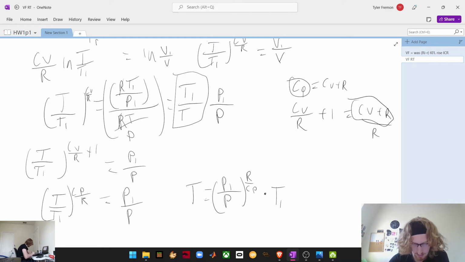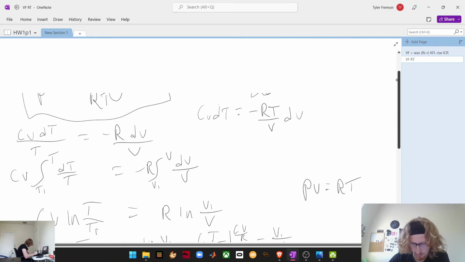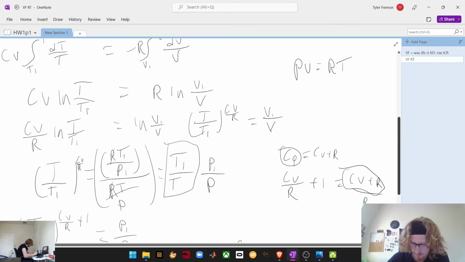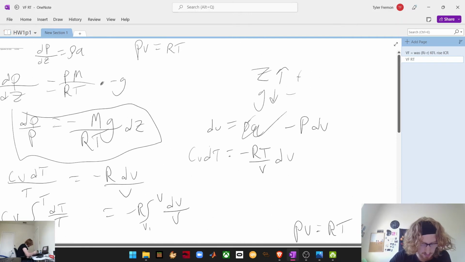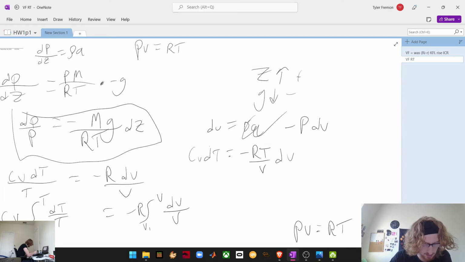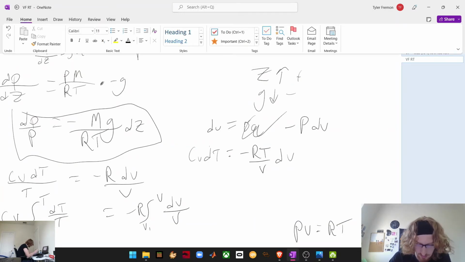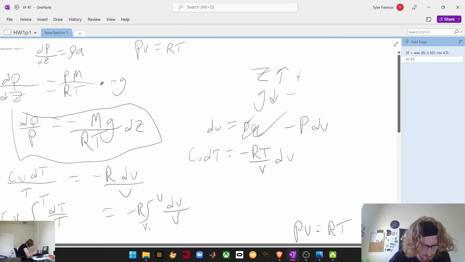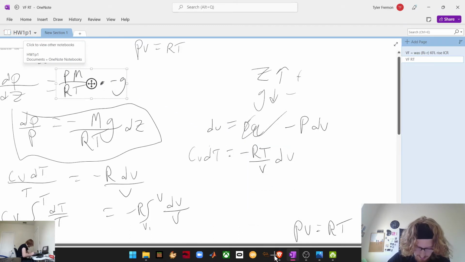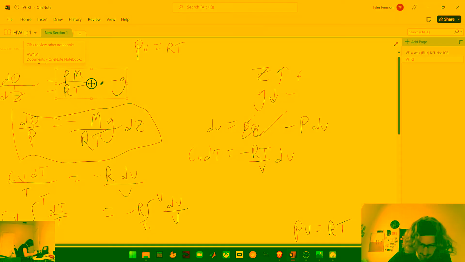And then from here, we can start substituting using our equation from above, right here. Let me go ahead and lasso that if I can find it. It might just be easier to rewrite it.